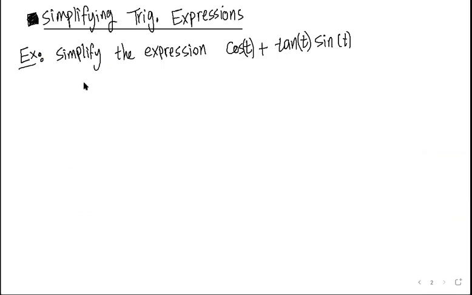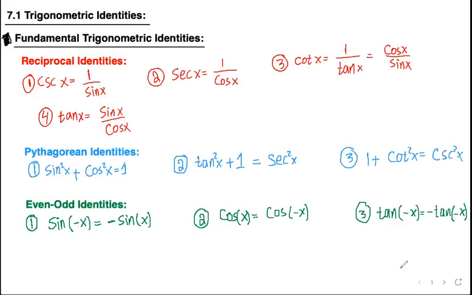So I have cosine of t, which is already in a simple form. Here the tan of t, I can change it by using the reciprocal identity. What is tan of t? Number four is equal to sine over cosine.